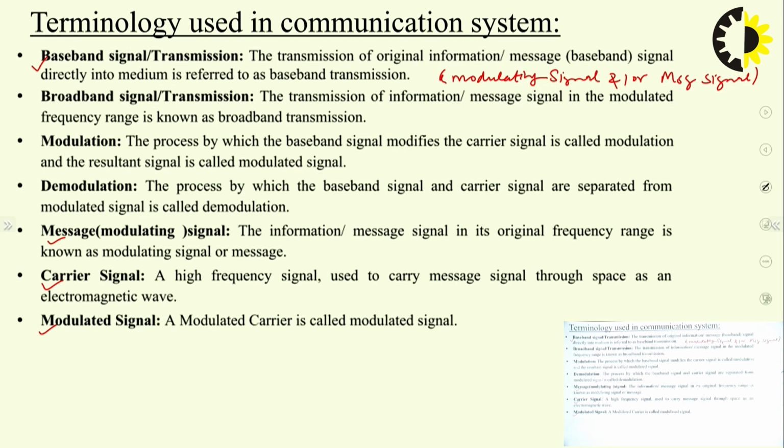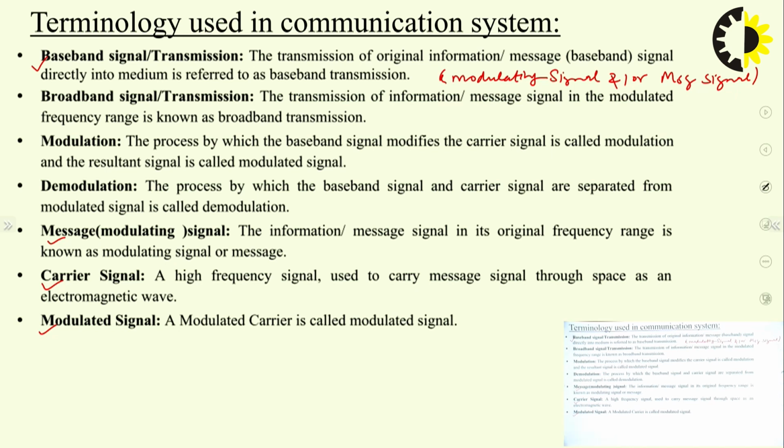Broadband signal. The signal in the modulated frequency range is known as broadband signal. After modulation, the signal which we have got is known as broadband signal. In other terminology, we can say it is a modulated signal as well.